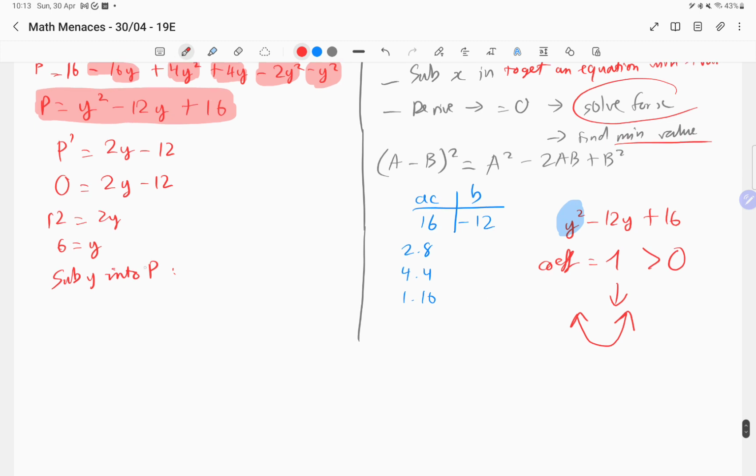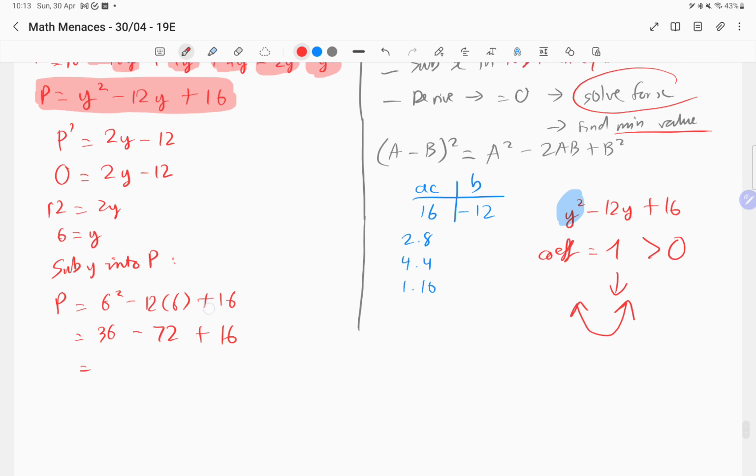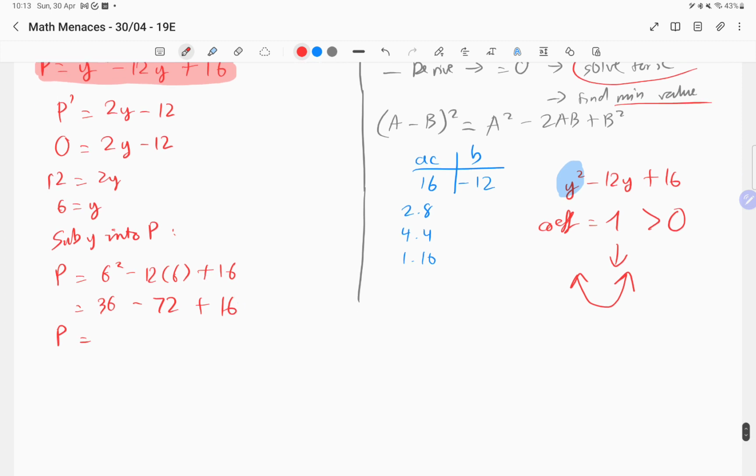So sub y into p, then you get p equals 6 squared minus 12 times 6, plus 16. So that would be 36. No calculator, Charlie. These questions are supposed to be done without a calculator. The calculator questions are way harder. You don't get this question as a calculator question.